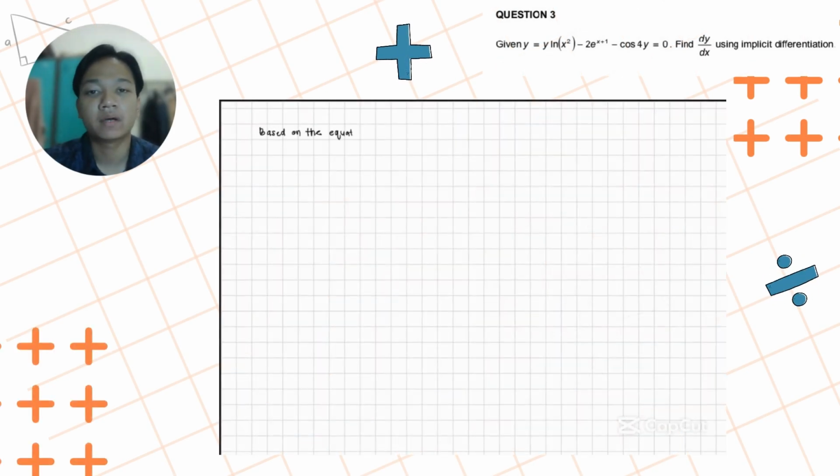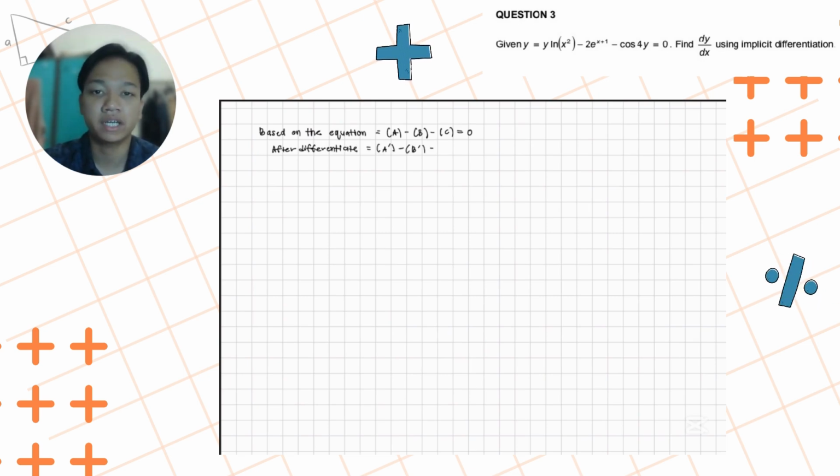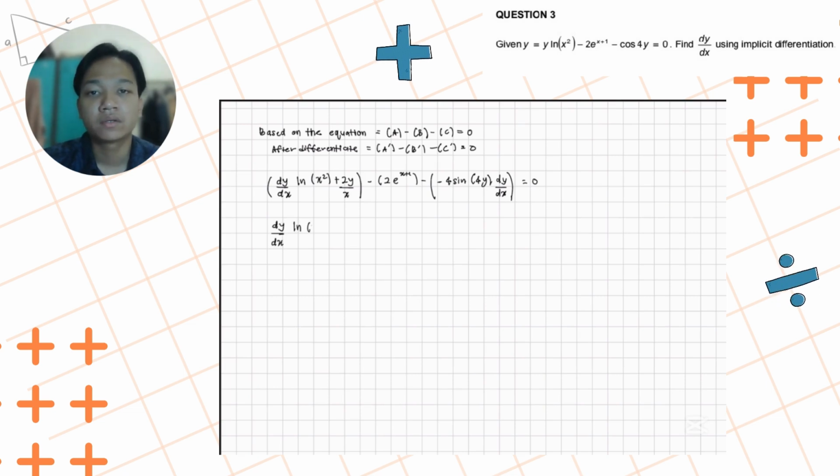For the next step, after differentiating all the terms A, B, C, we need to put them in the equation to find dy/dx. Write the whole differentiated term into the equation. After that, we open the bracket with the following plus or minus sign.